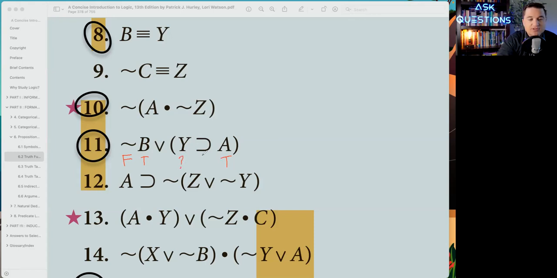It doesn't matter. The horseshoe still has to be true. Because the only way to get an F here is when you have T horseshoe F. And if you have a T on the right, there's no way to get T horseshoe F because you would need an F here and we don't have it. And in the earlier case where we knew Y was false, it doesn't matter what A is, because if Y is false, there's no way to get T horseshoe F because you would need Y to be T, but it's false.